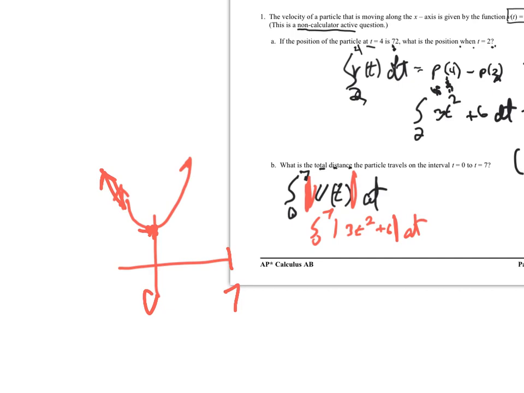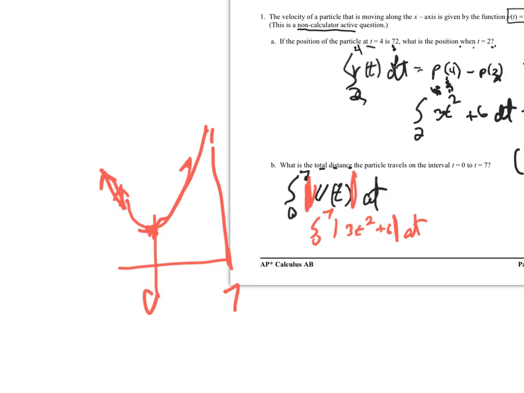Double check it, please. Check it with your calculator. We're just going to double check that this graph would look something like this from 0 to 7. Yes. So the question is, was absolute value even necessary?